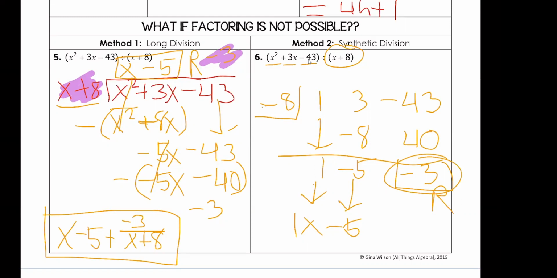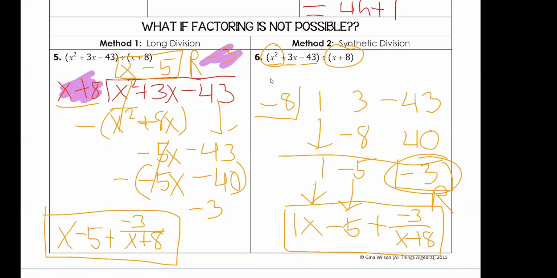Whatever you have here is your remainder, and you put your remainder over what you're dividing by originally. When you're doing synthetic division, your degree drops by 1. So if I started with an x cubed here, then this first number would be my x squareds.